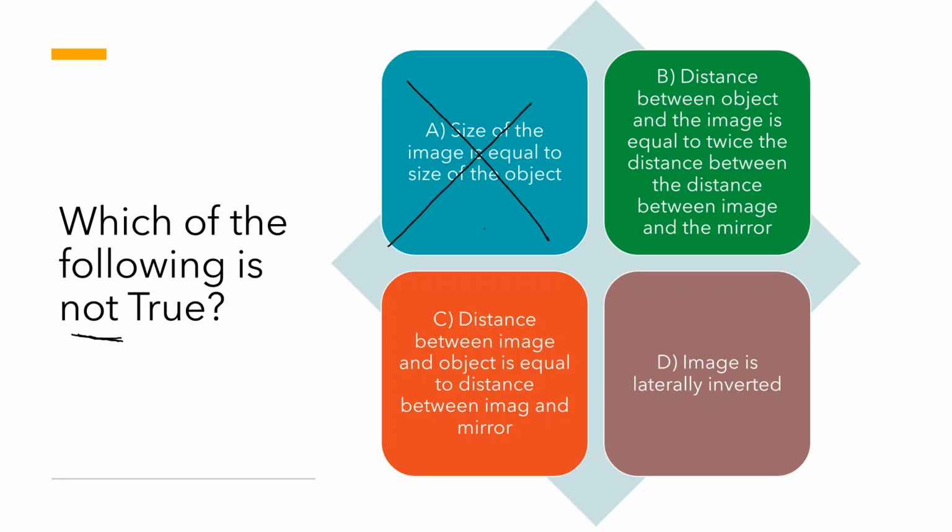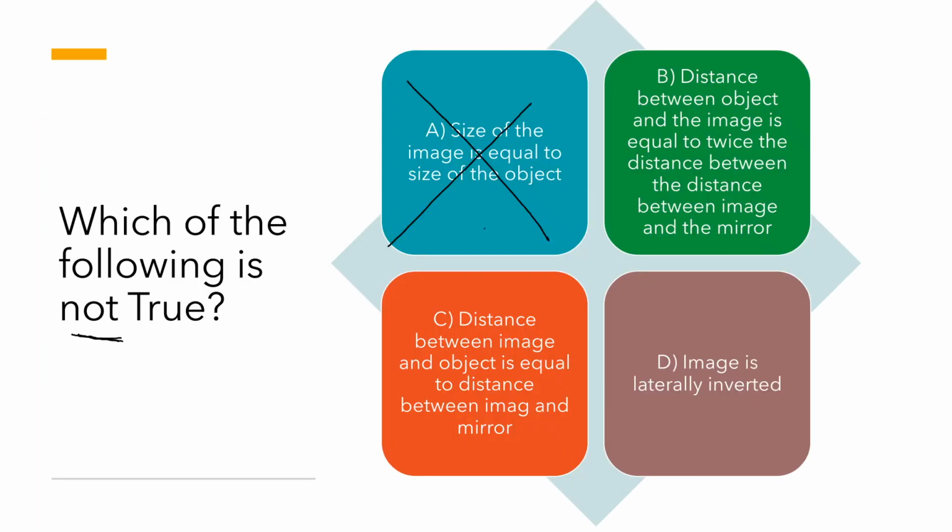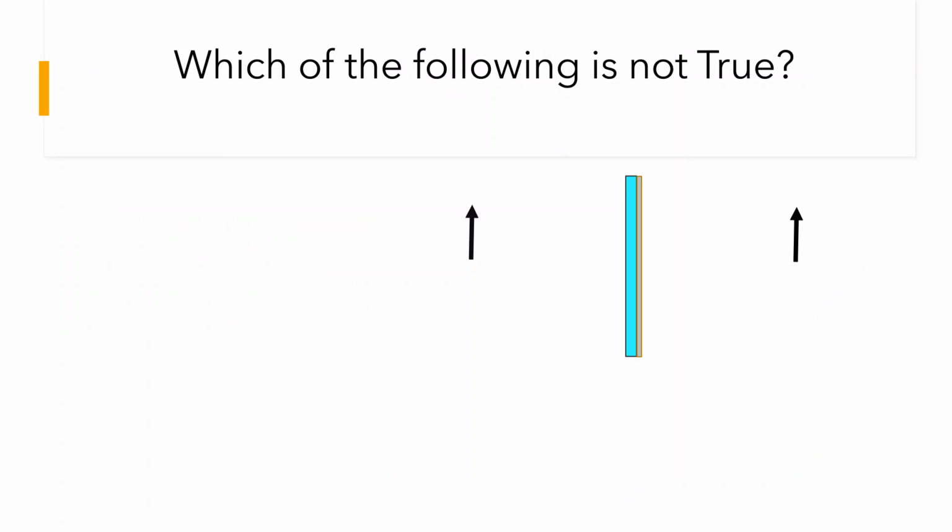Now, the distance between object and the image is equal to twice the distance between image and the mirror. Okay, I'll draw this here. What did they tell? The distance between object and image is equal to twice the distance between image and the mirror. So they are telling that this whole distance will be equal to twice this one.